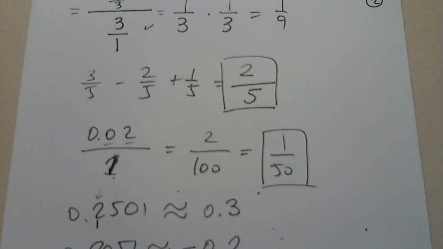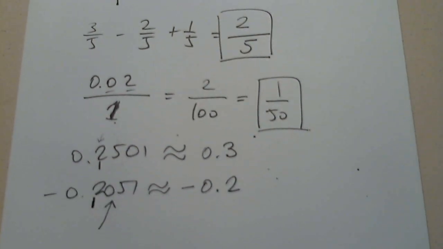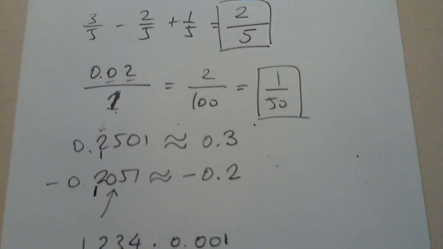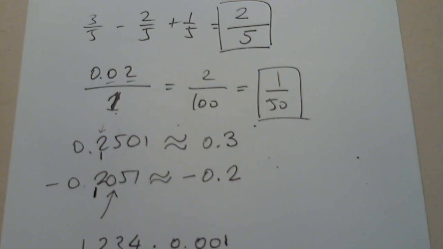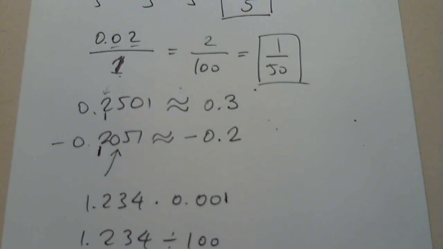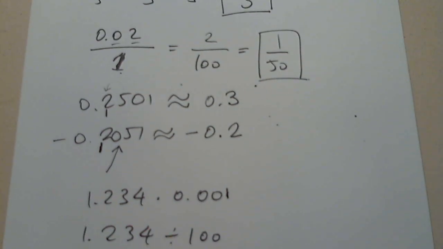Perfect. Good. Perform the following calculations. So here we have 1.234 multiplied by 0.001. And the other one is 1.234 divided by 100. Okay, let's start with the second one, with the division.